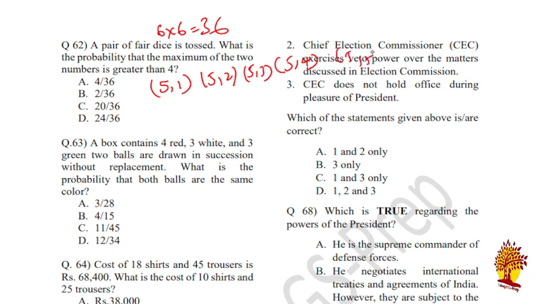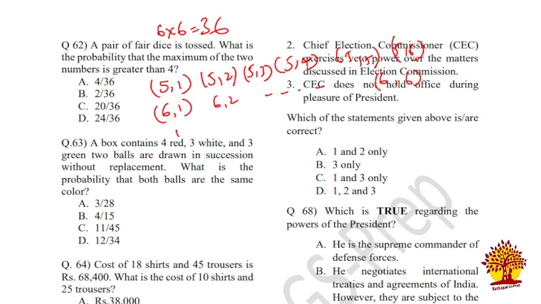5 5, 5 6. Okay, next 6 1, 6 and 2, 6 and 3, like that, 6 6.